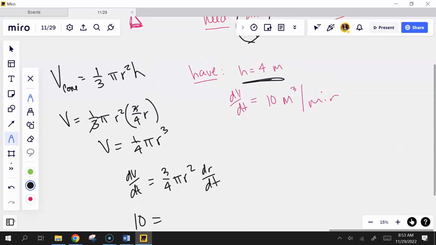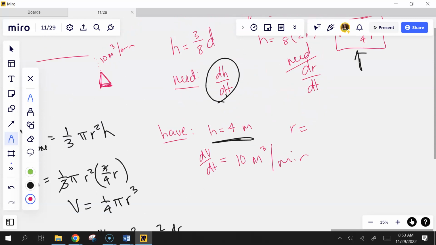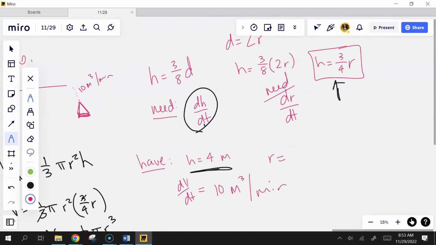If the height is 4, that means the radius is, height is 3/4. Oops, let's solve it the right way. Height is 3/4 r, so if height is 4, what's the radius? 16/3.